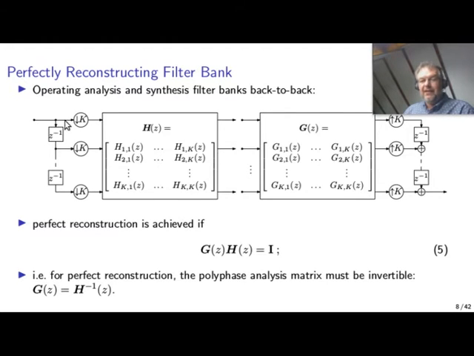Then basically the demultiplexing and multiplexing operations that occur at the ends of the operation here become transparent. So what we want is that we have these two matrices multiply out to an identity, and it essentially means if you're, for example, given our polyphase analysis matrix, then the polyphase synthesis matrix has to be the inverse of this polyphase analysis matrix.